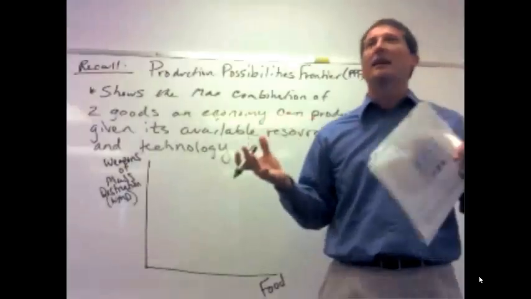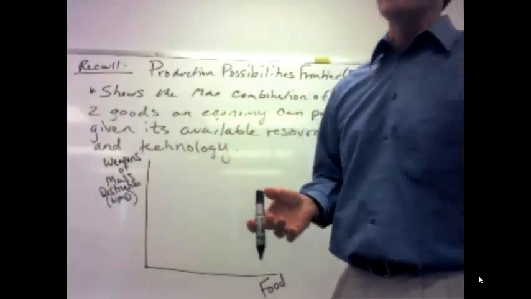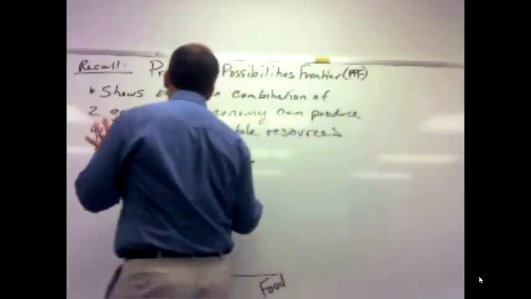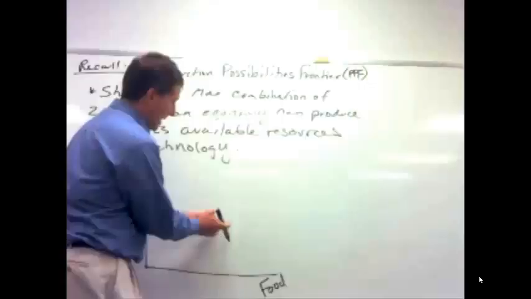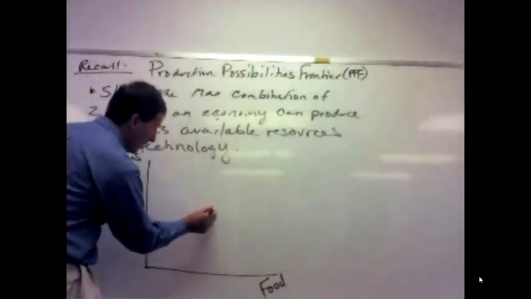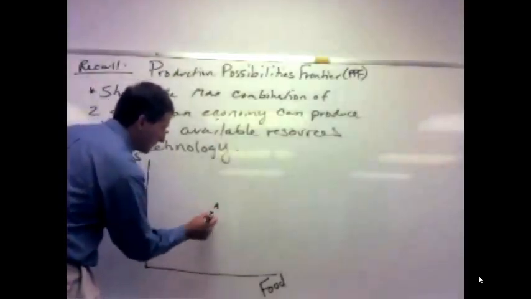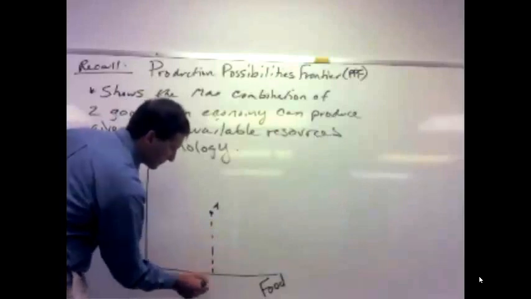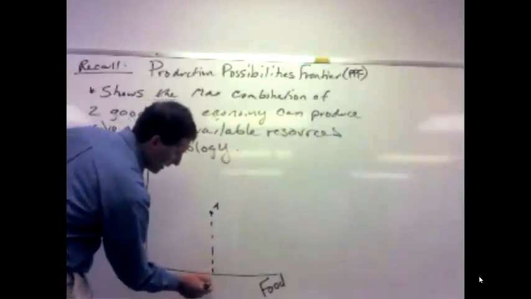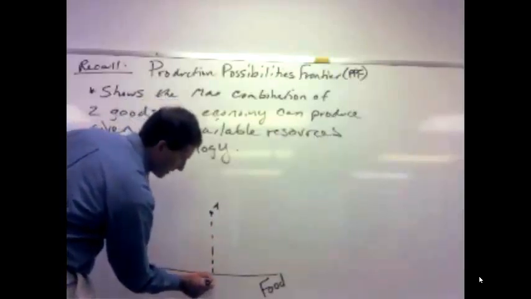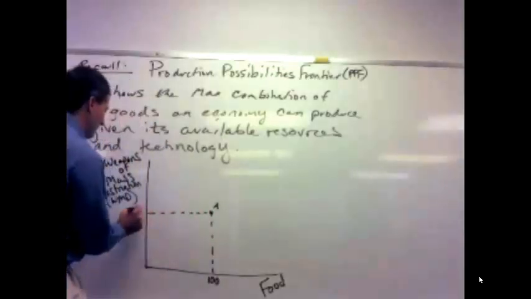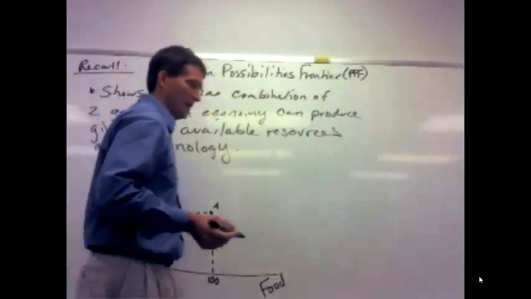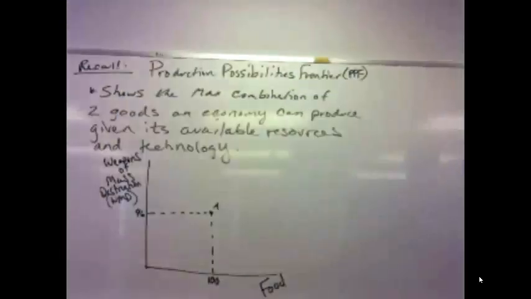Choices, choices. If we're operating efficiently in the economy, and we're at this point right here, point A, where we've got 100,000 units of food, and we've got 46 units of weapons of mass destruction.